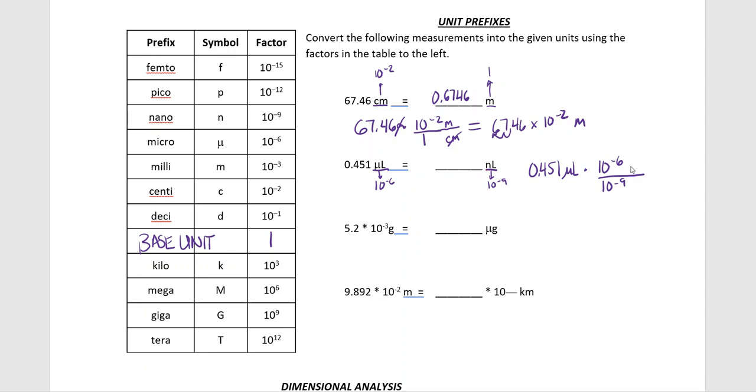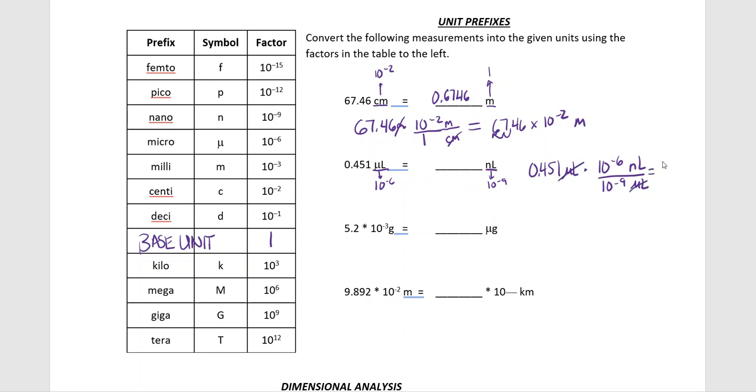And then I want to get my units here, so this is going to be nanoliters per microliter, right? I always want to put nanoliters at the top in this case because that's what I'm converting to. I want to put microliters on the bottom because that's what I'm converting from, right? So this will always get us the right factors in the right position, and so we get microliters canceling out.